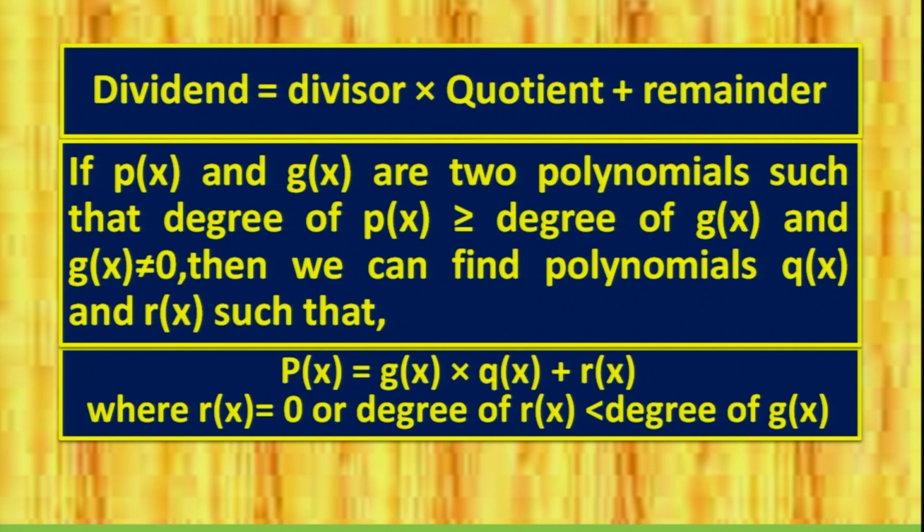Just compare this statement with the things written in the headline, that is dividend is equal to divisor into quotient plus remainder. Here rx means the remainder, and the degree of the remainder is 0 or less than that of gx.